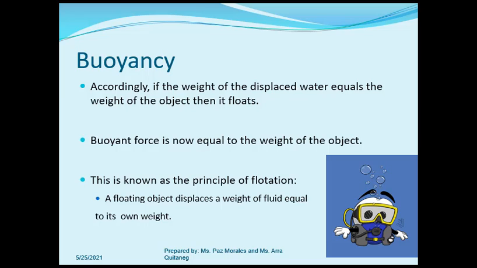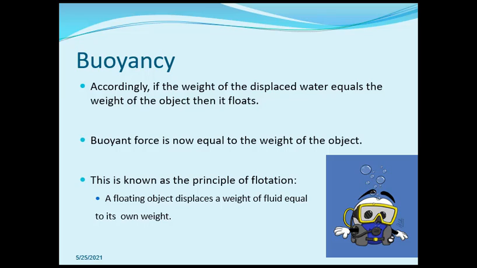Okay, accordingly, if the weight of the displaced water equals the weight of the object, then it will float. Buoyant force is now equal to the weight of the object. So we can say that the net force is equal to 0. Or we can say that the buoyant force is equal to the weight of the object.